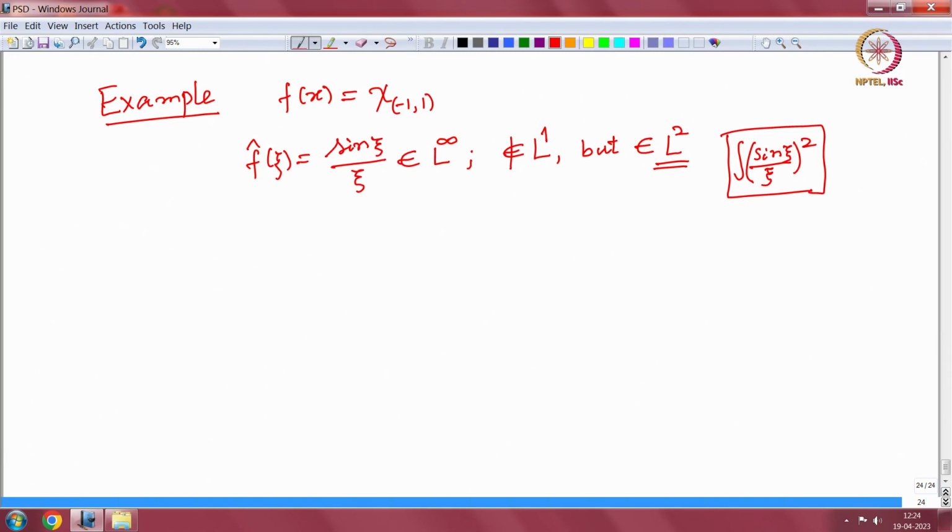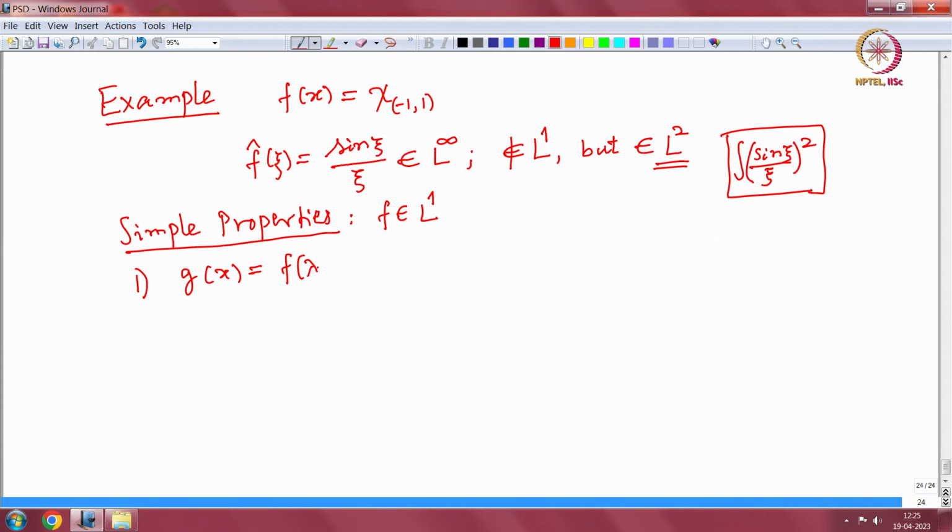Okay, some simple properties. These are directly from the definition, very easily verifiable. The first one: if I consider, again, that f is in L1. Let me not write it all the time. You define this. So, scaling, dilation.